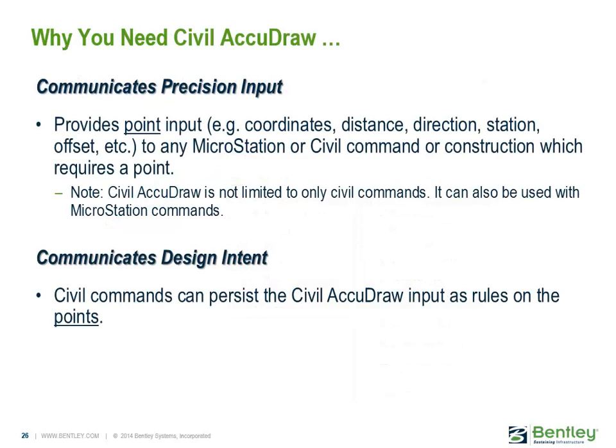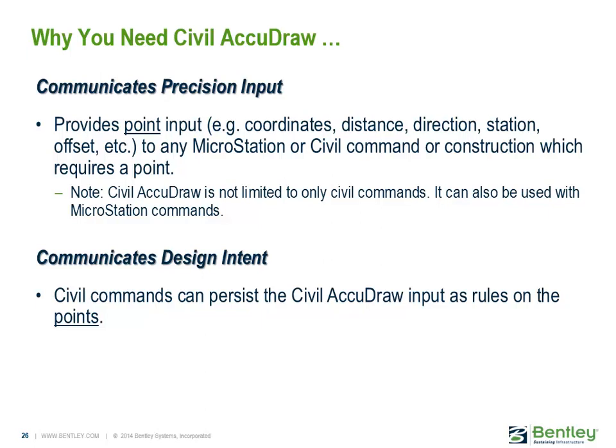So why do you need Civil AccuDraw? Well, there are really two things that Civil AccuDraw is going to allow you to do. The first one is it allows you to communicate precision input. As we mentioned with AccuDraw in MicroStation, it allows you, as the user, to provide point input, for example coordinates, distance, direction, station, offset, to any MicroStation or Civil command or construction which requires a point.